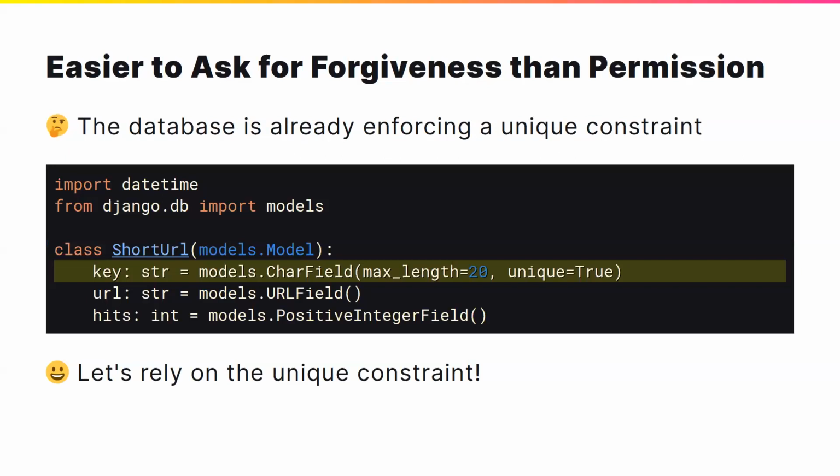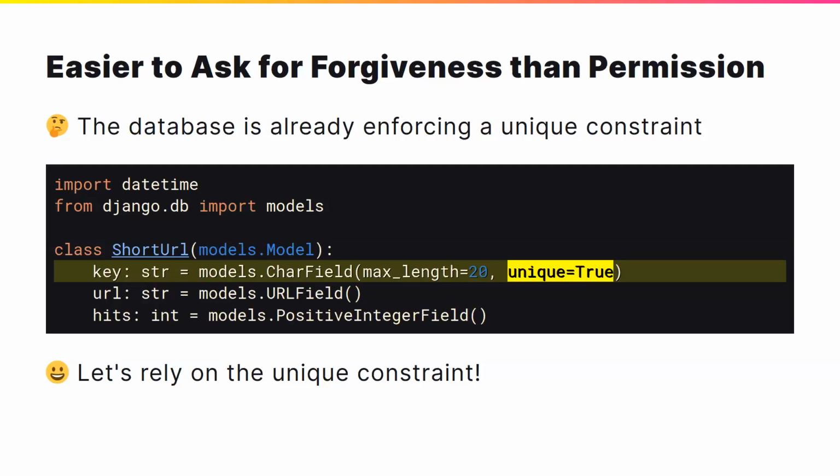So if we go back to the model, okay, remember that we defined this key as unique. When we did that, Django, the ORM, behind the scenes, generated a unique constraint on this field in the database, okay?